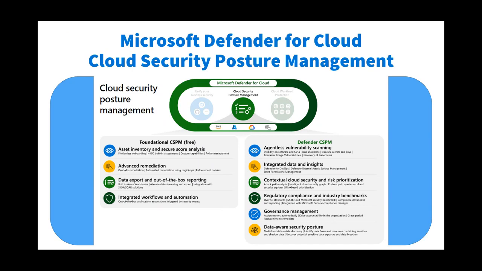The foundational CSPM includes asset discovery, continuous assessment, and security recommendations for posture hardening, compliance with Microsoft Cloud Security Benchmark, or MCSB, and a secure score which measures the current status of your organization.